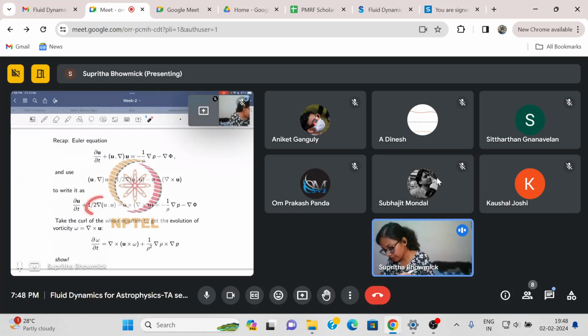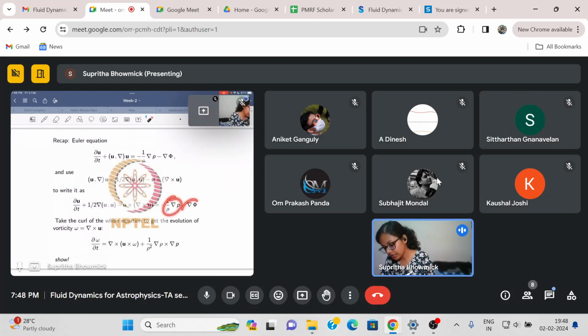What will the second term give you? Understand that the second term is a total gradient term. So what will the curl of the second term give you? 0. Great. Because what's the curl of a gradient? It's 0, right?